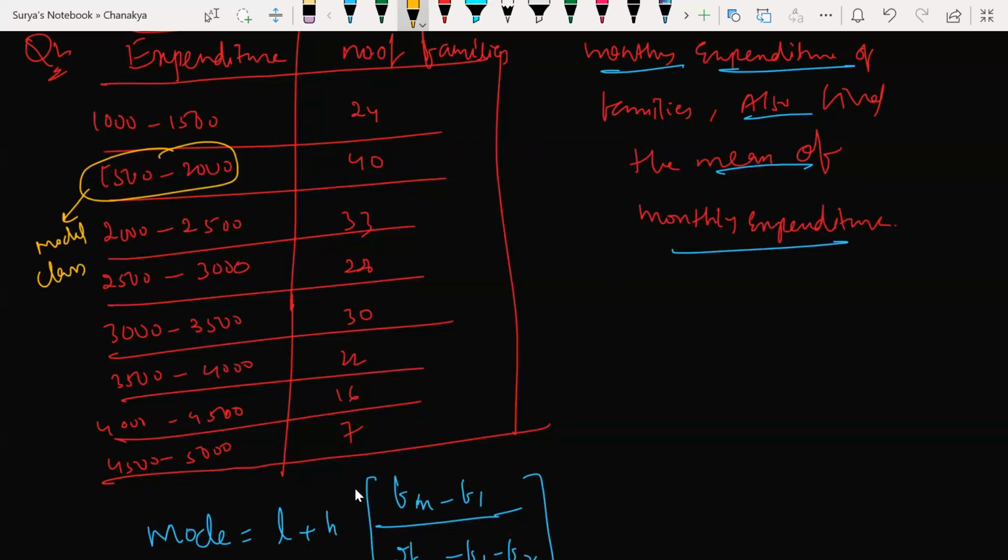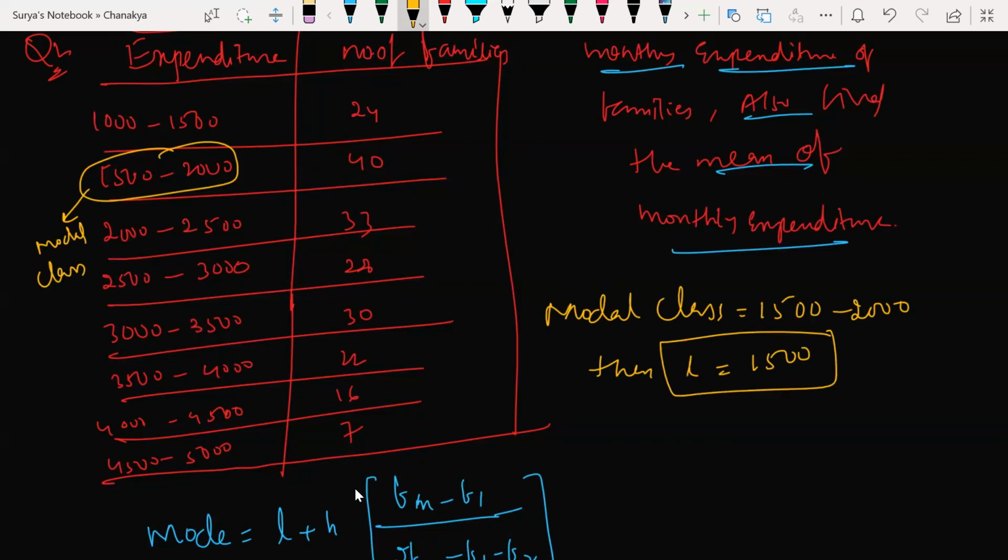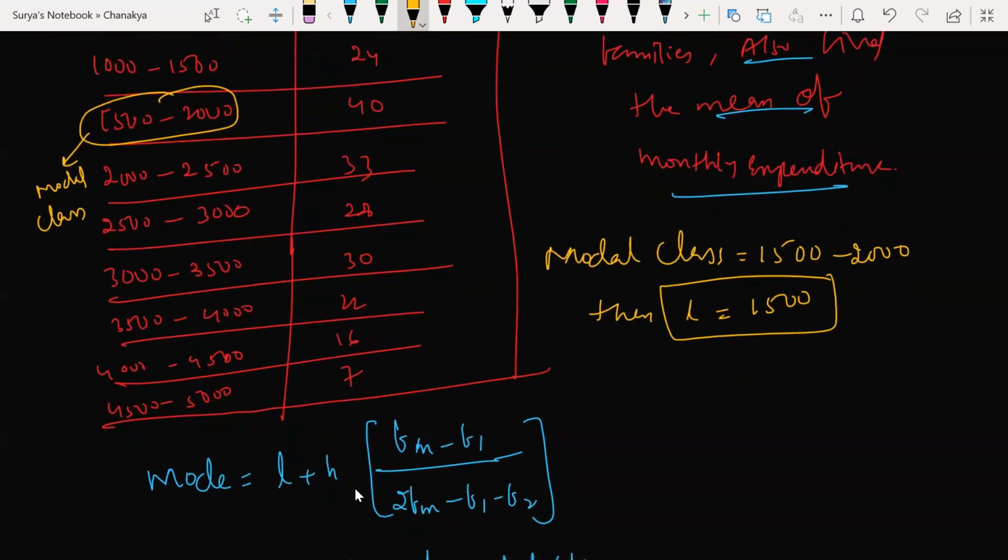What is the L value here? 1500. Lower boundary is the first value; the lower value is 1500 and the upper value is 2000.